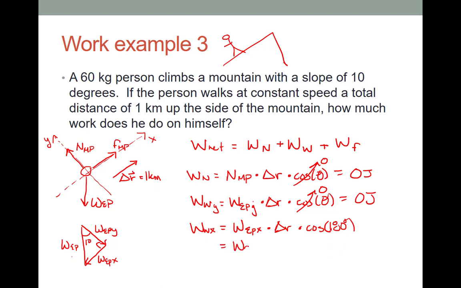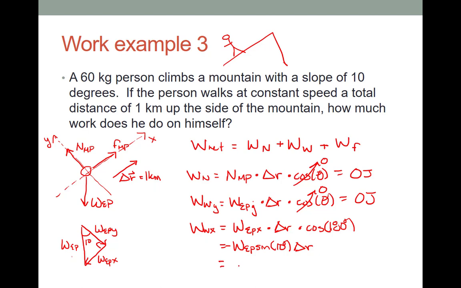So here I have mg sine of 10 degrees times my delta r, which is 1 kilometer, with a negative out in front because of that cosine.